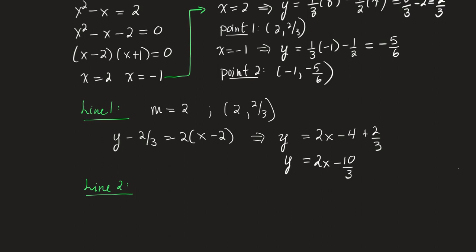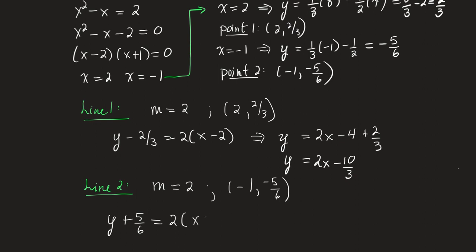Now for line 2, again, m is 2, and in this case my point is (minus 1, minus 5/6). So my equation is y minus minus 5/6, which is y plus 5/6, is 2 times x minus minus 1.